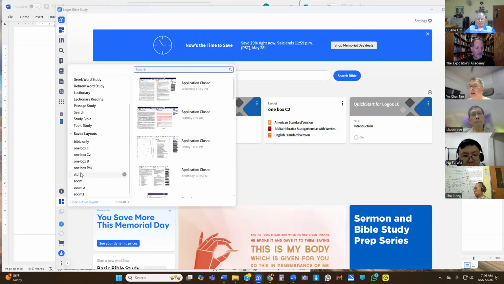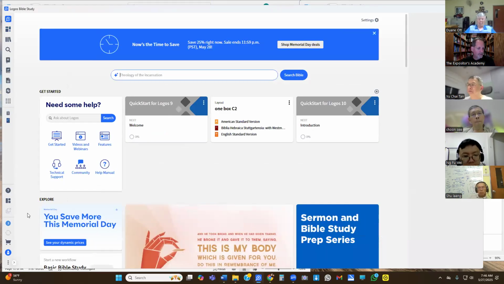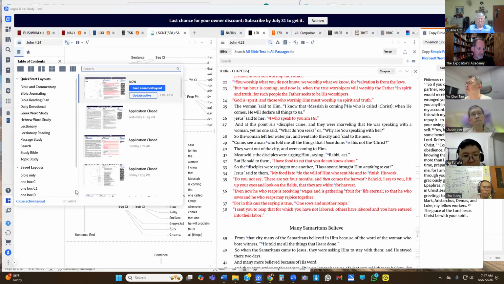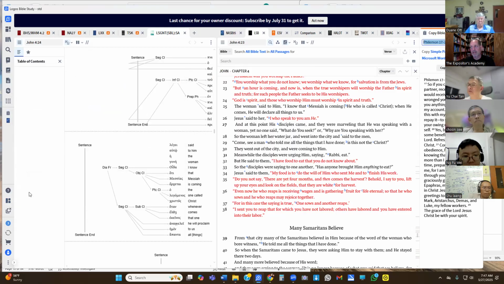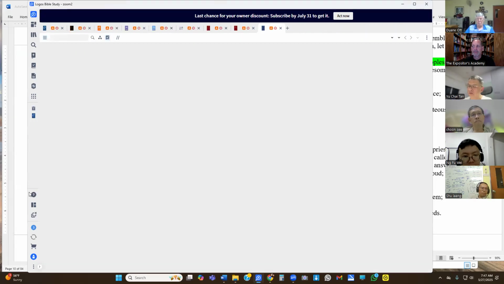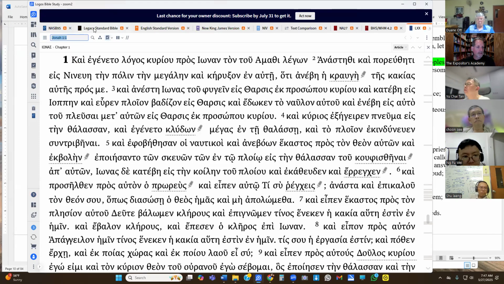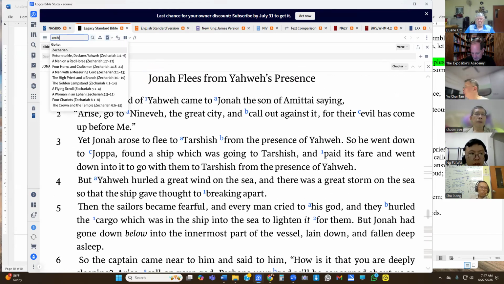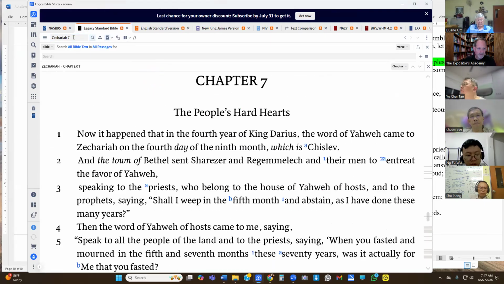There are several Psalms where it's helpful to follow the pronouns because it'll help us see whether he is speaking to himself, to someone else, or another group of people. But if we go to Zechariah, it's kind of interesting, trying to remember. It's 7.